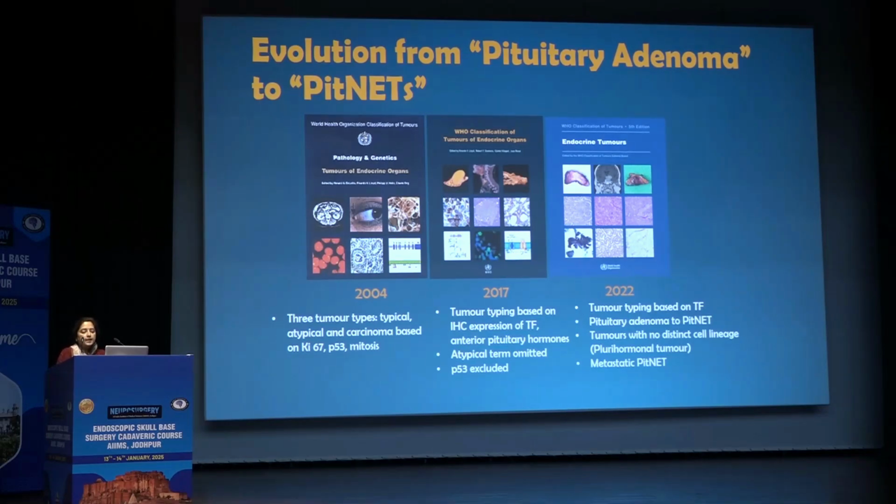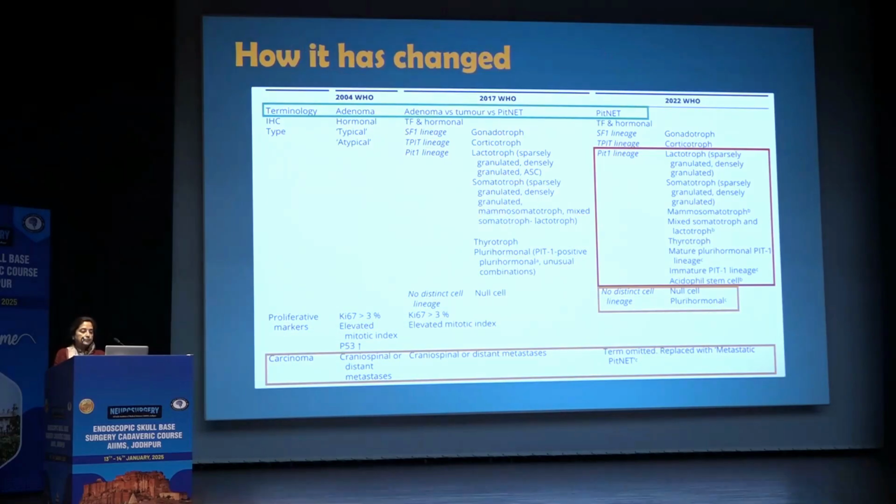Pituitary adenoma, as I have said many times, the term has been converted into PITNET, and the pituitary carcinoma has been replaced by the terminology of metastatic PITNET. This is just to show how it has changed. As I have said, the terminology has changed, IHC has changed, and the types I have already shared. But the major reform has been done in this category of PIT1 lineage.